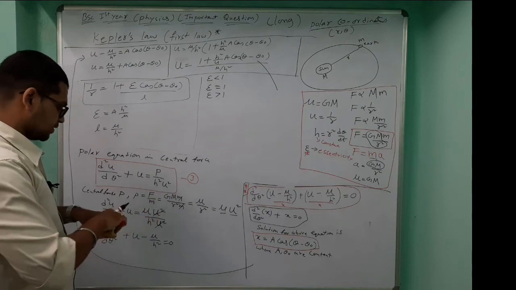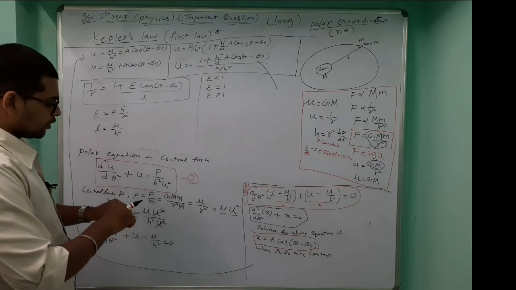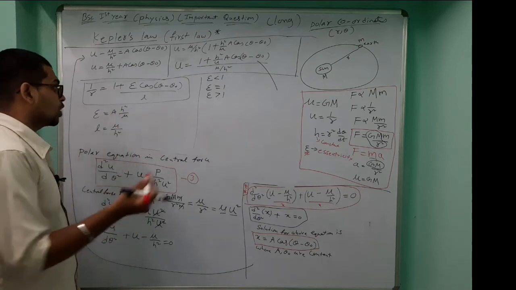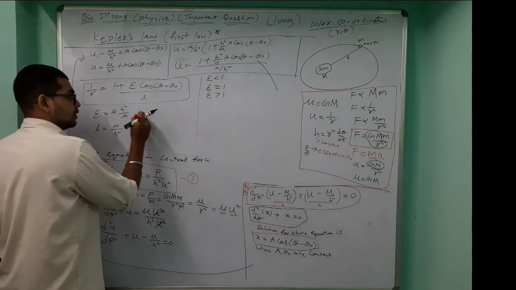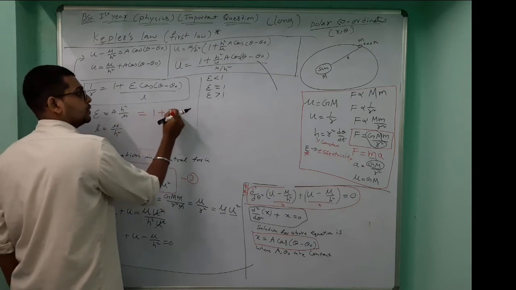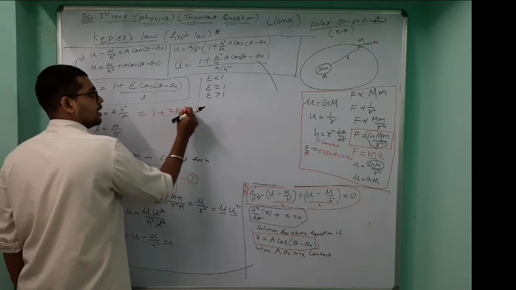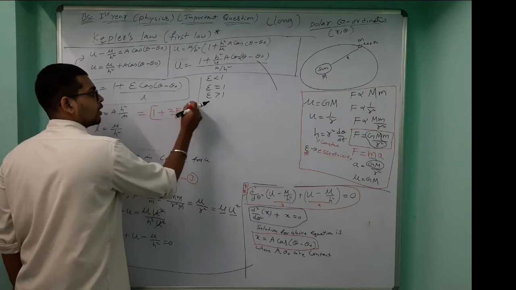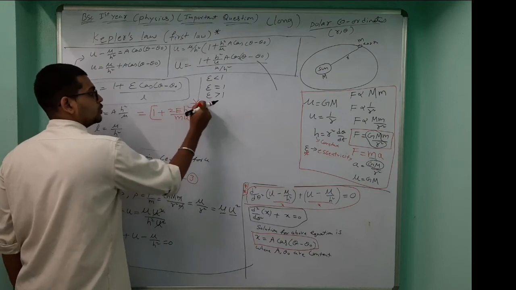See, after some explanation is required, eccentricity value if you want to find out, kinetic energy plus potential energy will write. So normally we'll write like this, e is equal to, okay, so 1 plus 2 E h square by mu square m, whole power of 1 by 2.